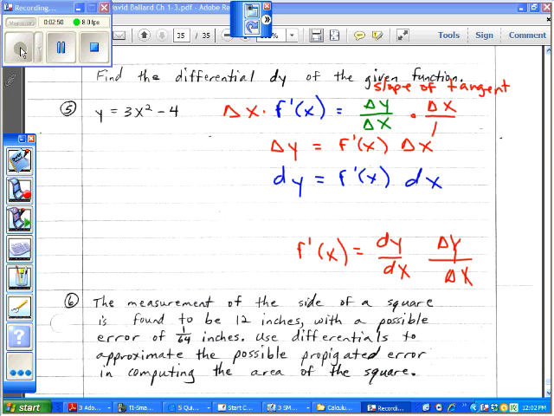Okay? So, if we wanted to find differential y in this particular equation, then we would first want to find the derivative of y in terms of x. We'd find the derivative. We'd say that y prime is equal to what? 6x.